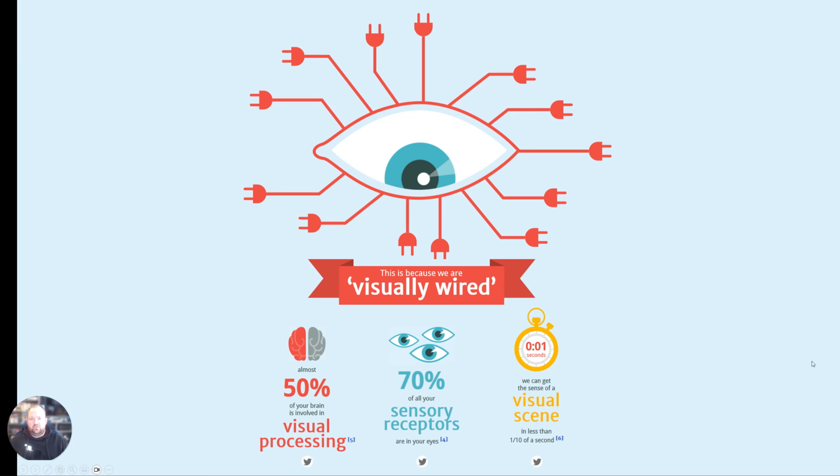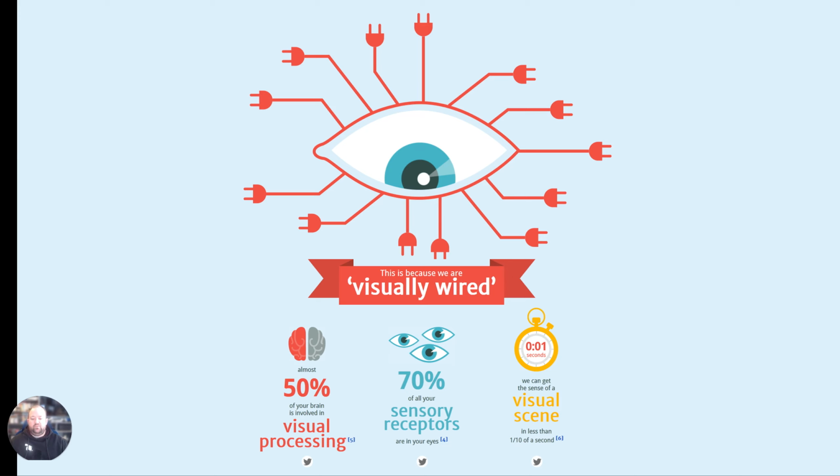So this is important. I want you all to just stop on this for a second and think about how important visual design is. Now, I said in this course we're not getting into visual design, graphic design, user interface, any of those kinds of things. But that does not mean they're not absolutely critical.